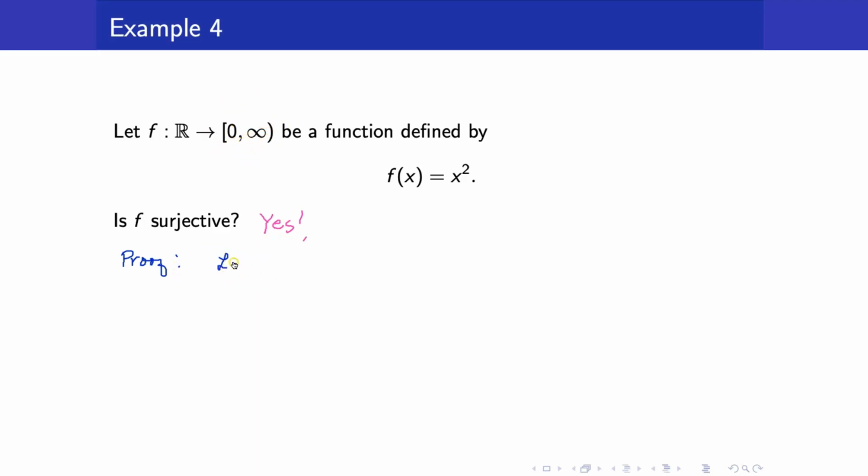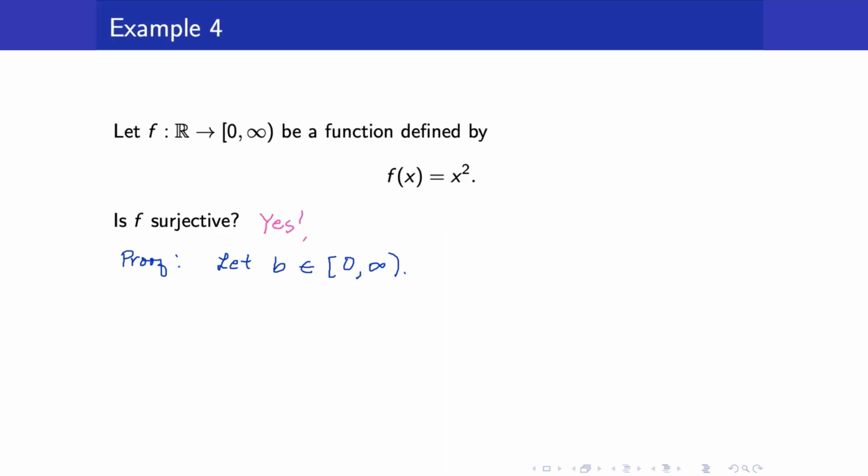And for the proof, again, you start with getting an arbitrary element in the codomain. So this time around, let b be an element of 0 to infinity. It is a non-negative real number. And then we want to show that it has a pre-image.